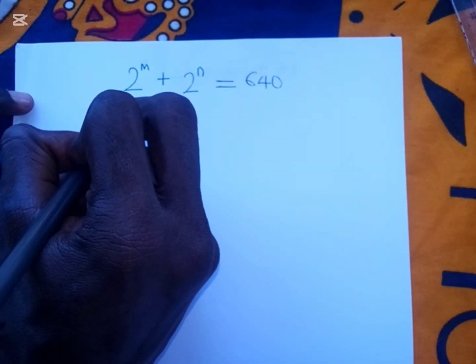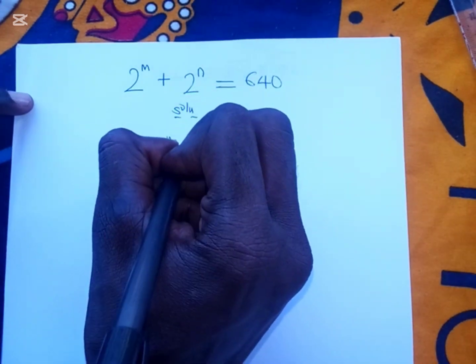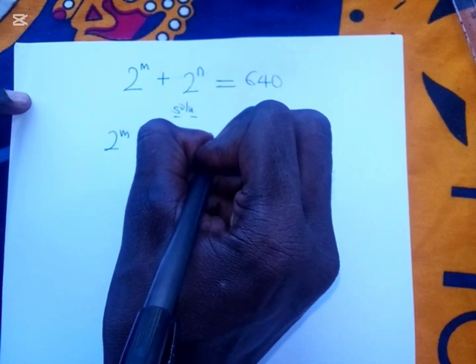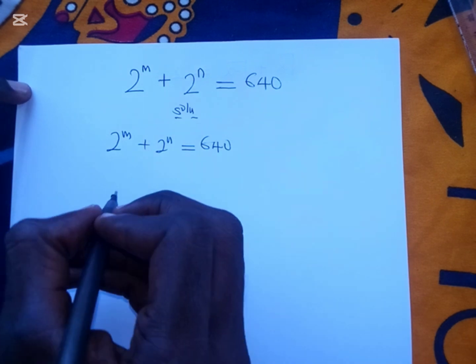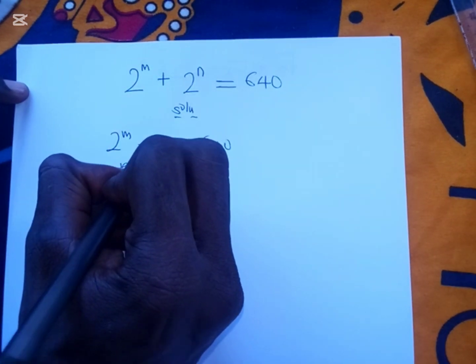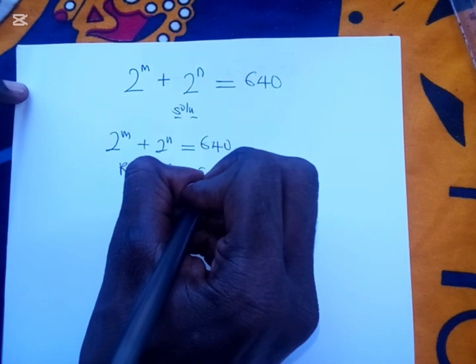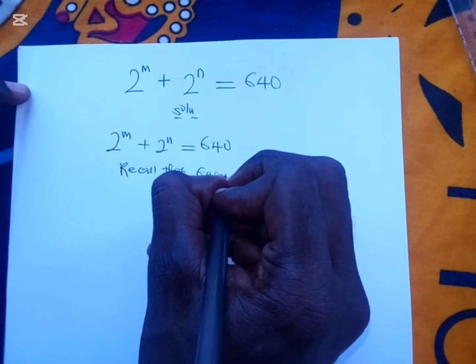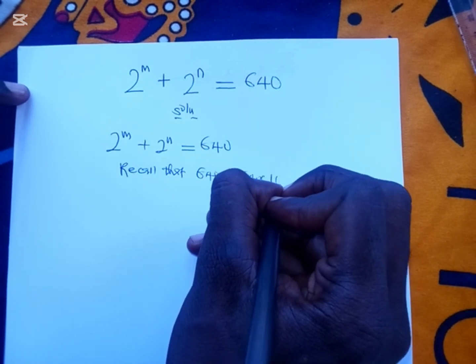Now since we are given 2 raised to the power m plus 2 raised to the power n, this is equals 614. Okay, but recall that 640 can be also expressed as 64 times 10.